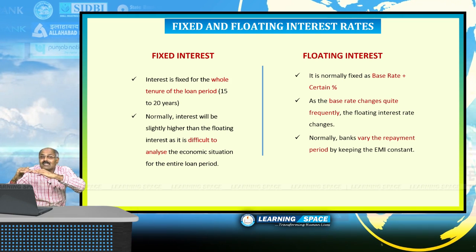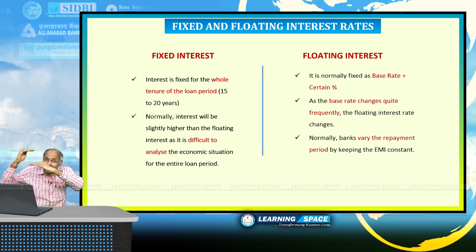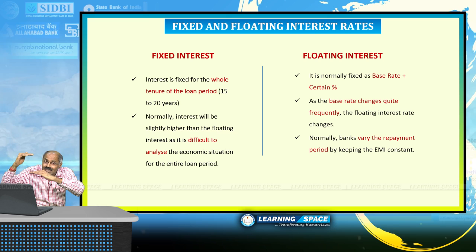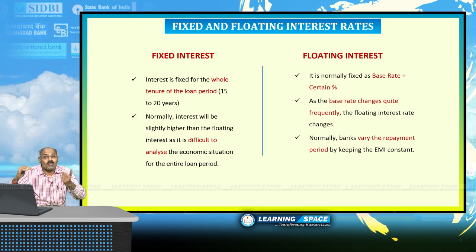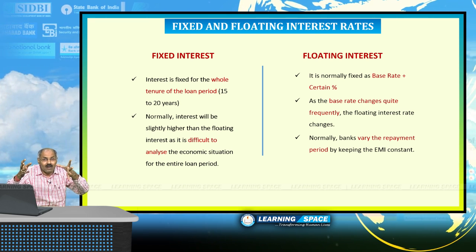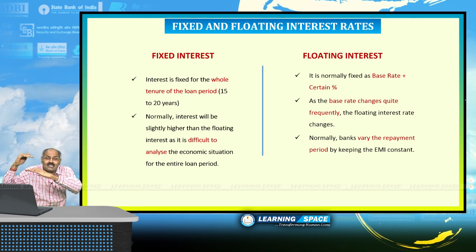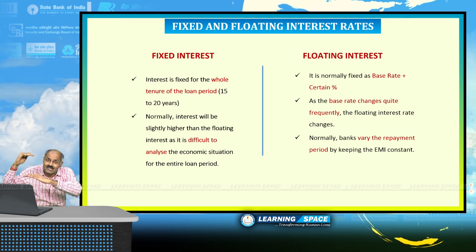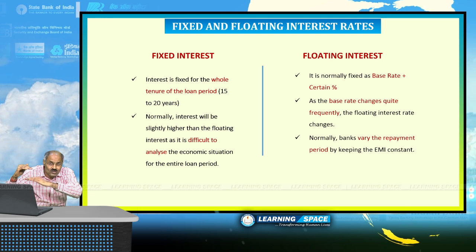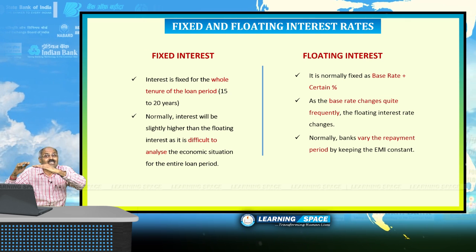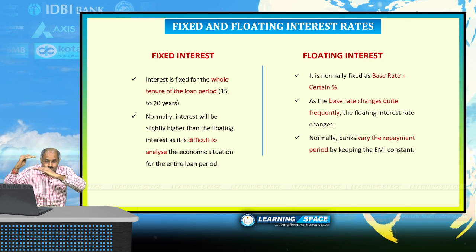If the bank raises the base rate, your interest rate will increase. If the bank reduces the base rate, your interest rate will come down. So the floating interest rate will depend on the base rate. If the bank increases base rate, your interest rate will increase. If the bank reduces base rate, your interest rate will reduce. So in the floating interest rate, your interest rate will be fixed at base rate plus a certain percentage.